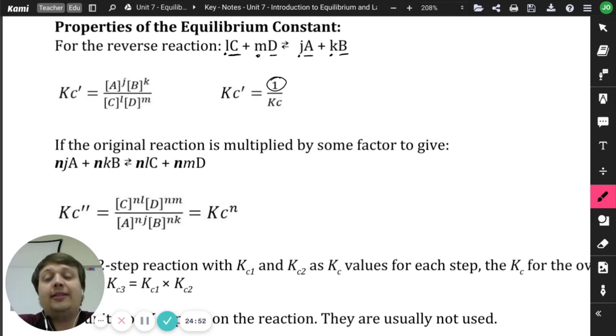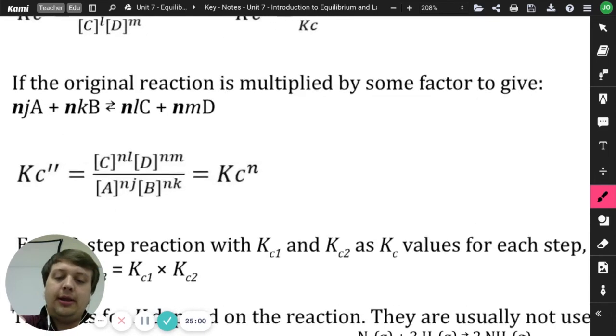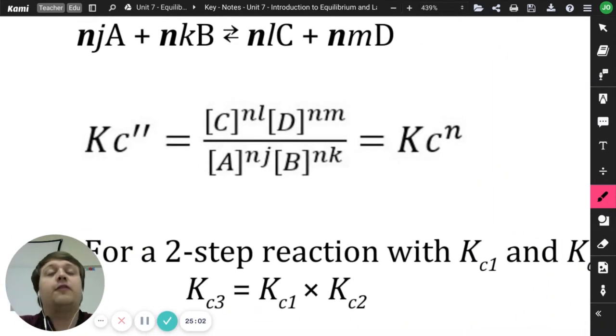Well, the nice thing about that is I can plug that in as a factor that I'm working with, and solve for my Kc using that factor as an exponent. How do I make that simpler?